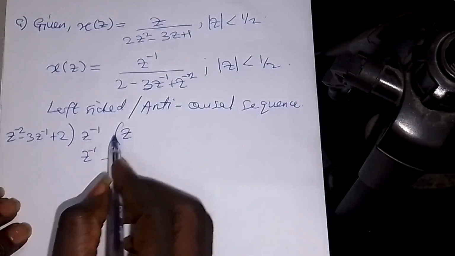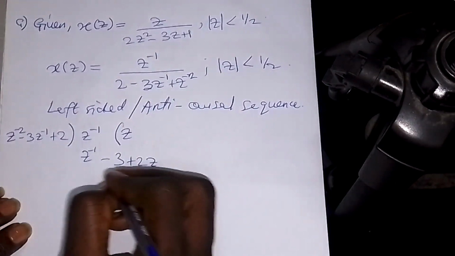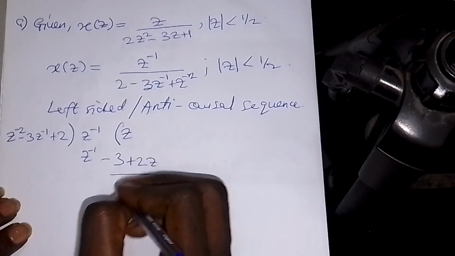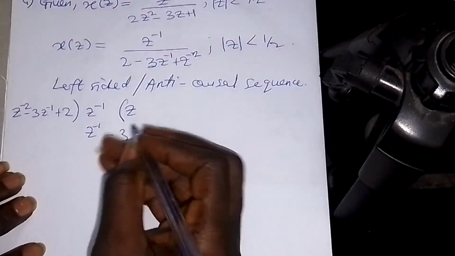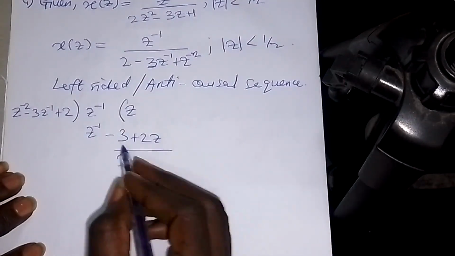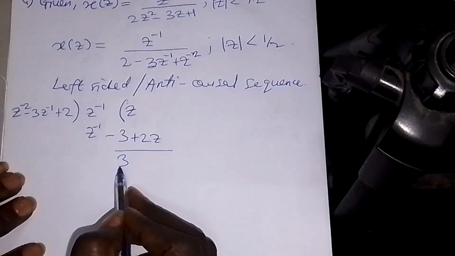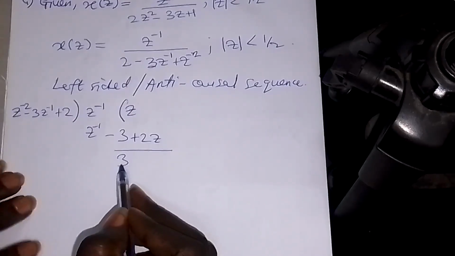Then the next one, this one times this one, I'll get plus 2z. Then I'll subtract. If I subtract, I'm going to get 3, because 0 minus minus 3 will give me 3. Then how many times can this one go here? This one is simple.